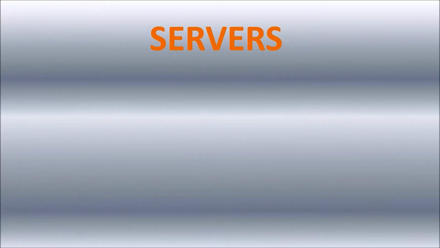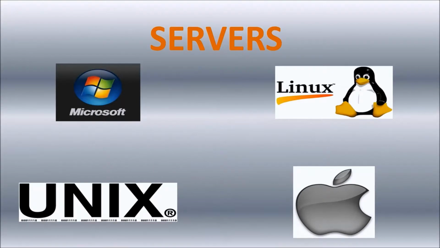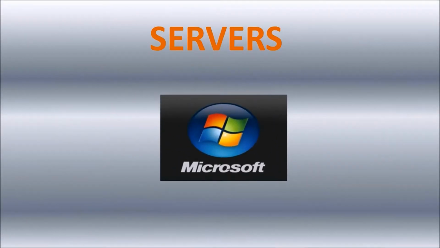But really what makes it a server is the operating system. These operating systems are made by people like Microsoft, Linux, Unix, and I'll throw Apple in there just for good measure. They make a server, but I don't think anyone ever uses it. Not in my experience, anyway. In this course, we're going to be focusing mainly on the Microsoft servers.